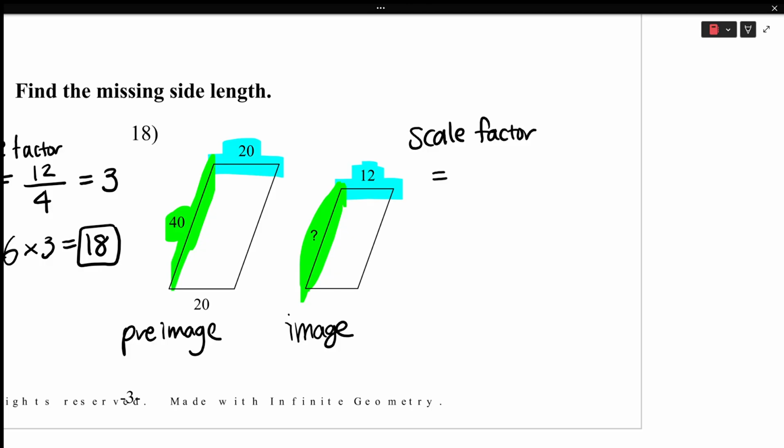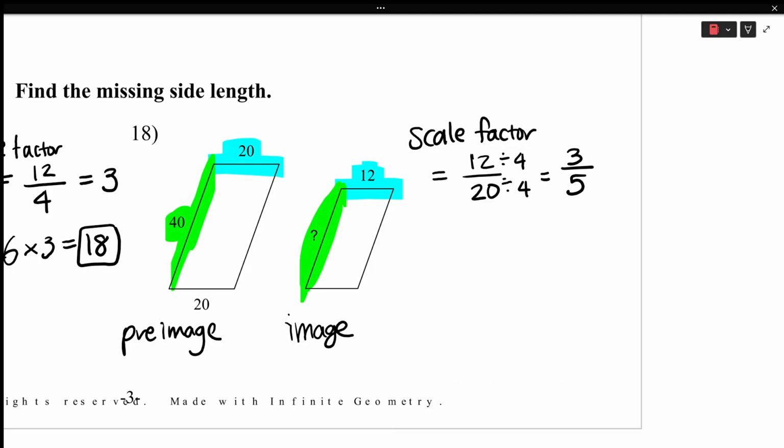Image over pre-image, that's 12 over 20. You could simplify here. Both terms are divisible by 4. So really your scale factor is 3/5. So 20 times 3 over 5 is going to get you 12.